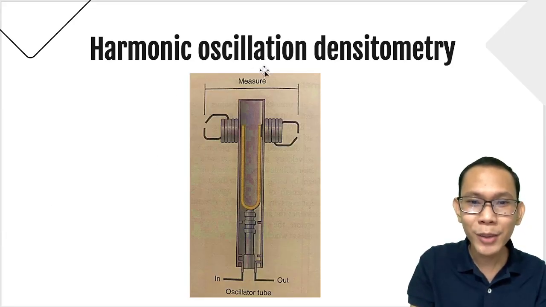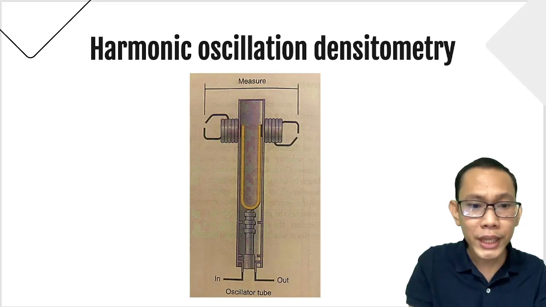Check natin. This is your harmonic oscillation densitometry na main device na ginagamit, or within the device na ito, sa loob na ito ng device. So, paano nangyayari yon? So, your urine enters a glass tube. Yung glass tube natin dito, yung U-tube natin with an electromagnetic coil. So, ito yung ating electromagnetic coil at one end. Then, your sonic oscillation is generated when an electric current is applied to a coil.